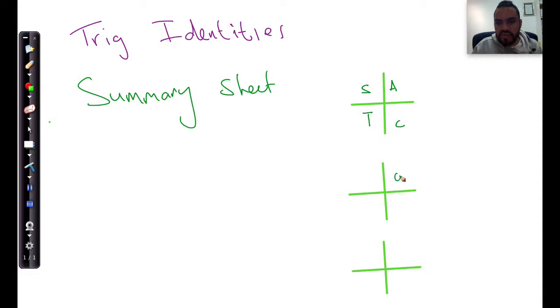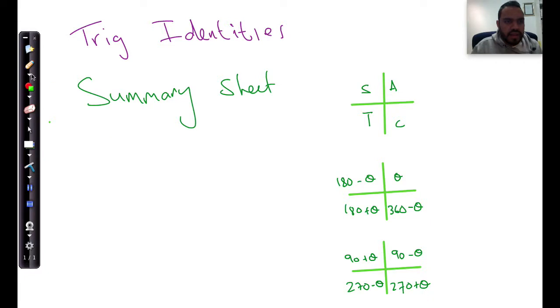And then we have what we call the reduction formulae: theta, 180 minus theta, 180 plus theta, and 360 minus theta. And then over here we have 90 minus theta, 90 plus theta, 270 minus theta, and 270 plus theta.